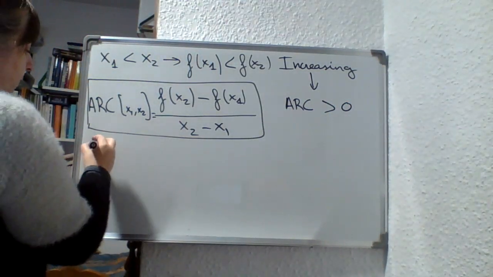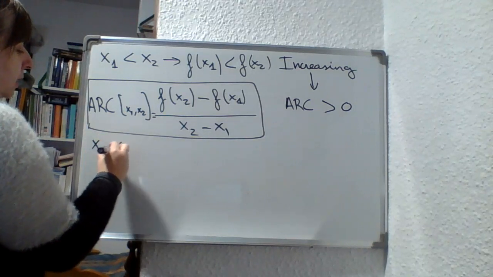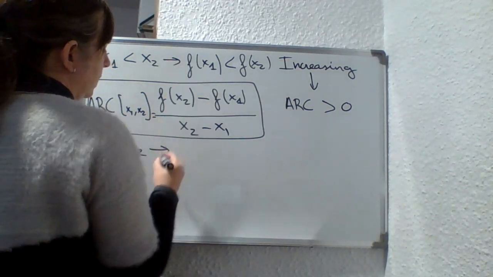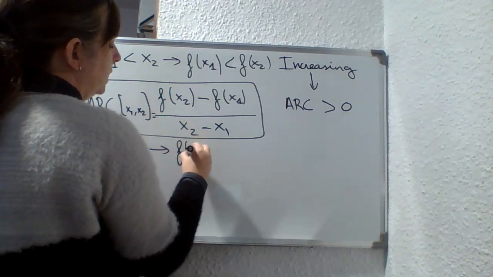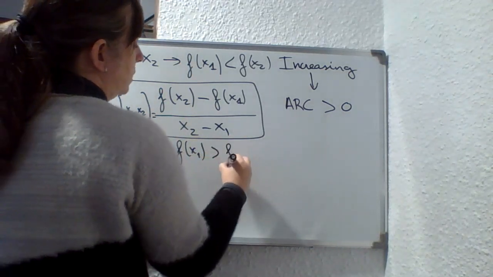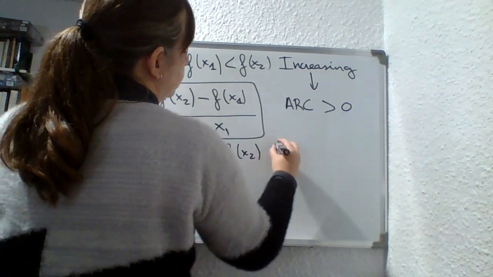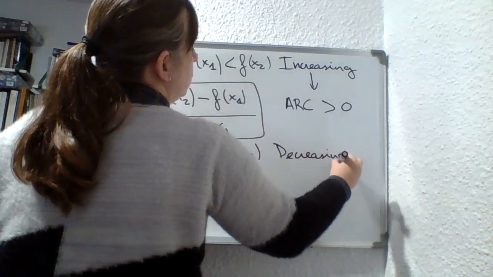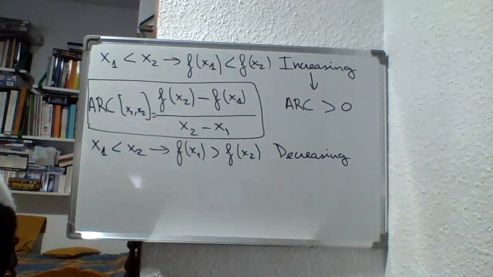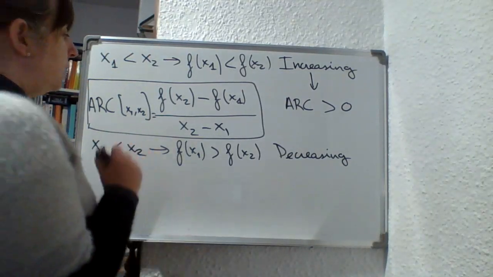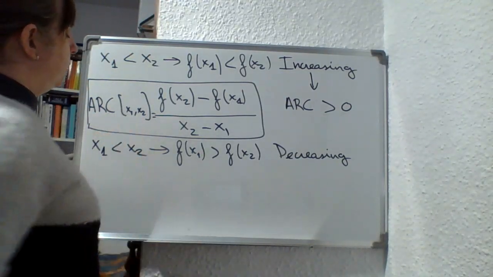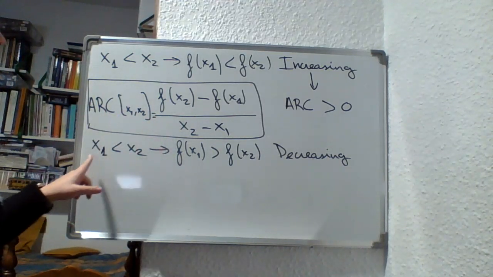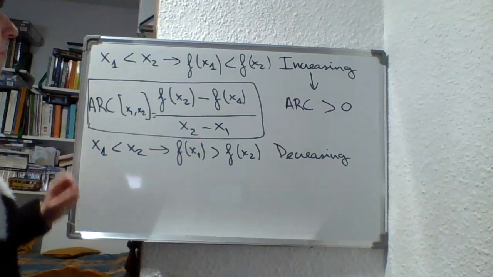What happens when I have a decreasing function? I told you before, this was a decreasing function. According to that, if I calculate the average rate of change, the denominator continues being positive because x2 is higher than x1.